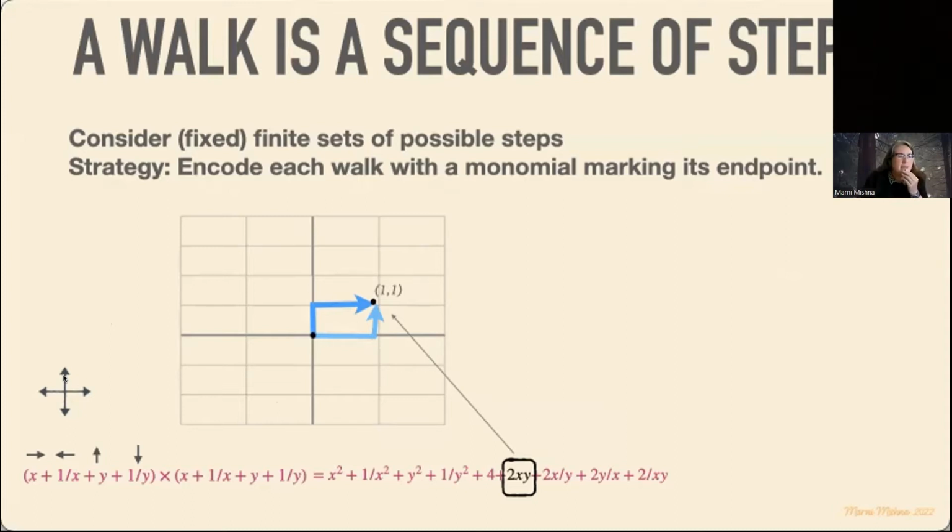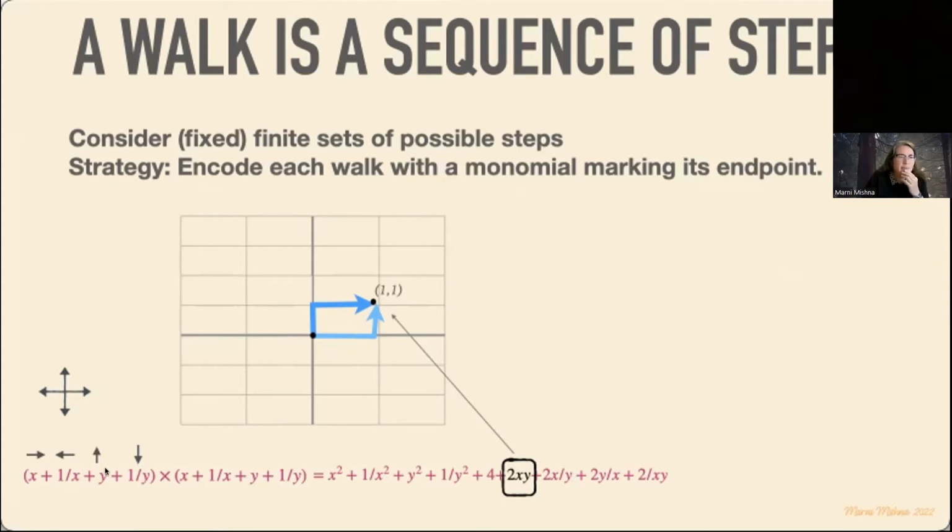So here I'm saying that I'm going to take walks starting at the origin, and I can go north, east, south, and west. And if I code each direction by a little term, basically x, then if I multiply those terms, I'm going to get the generating function for all possible endpoints.